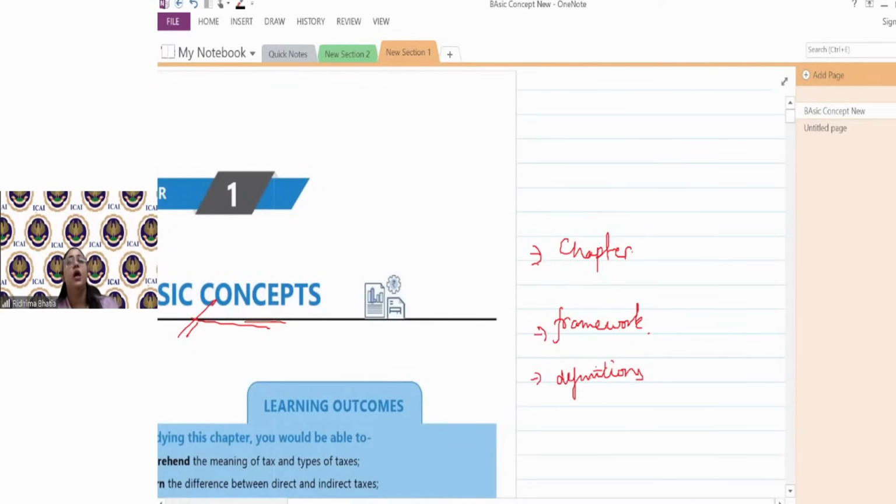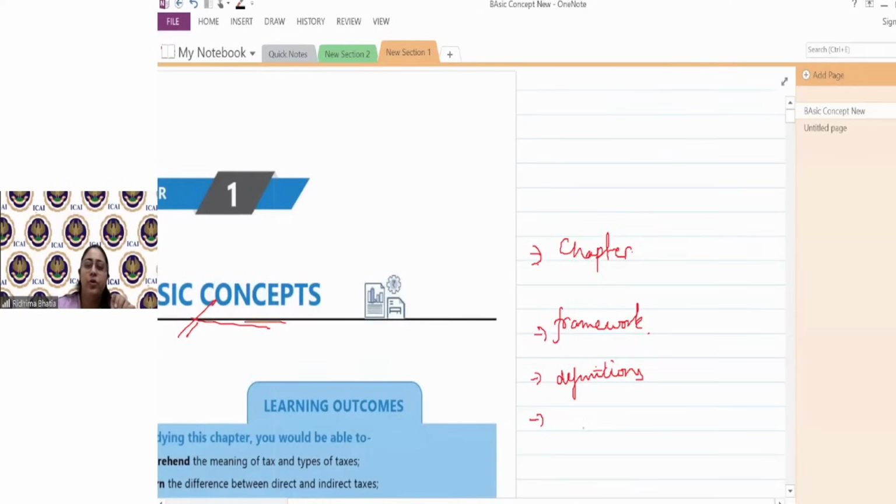certain definitions which are inevitable. That means you will be using them day in, day out while studying income tax. For example, what is assessee, what is person, what is assessment, what is assessment year, what is previous year, then what are different types of person like individual, HUF, AOP, company, BOI, all of that.